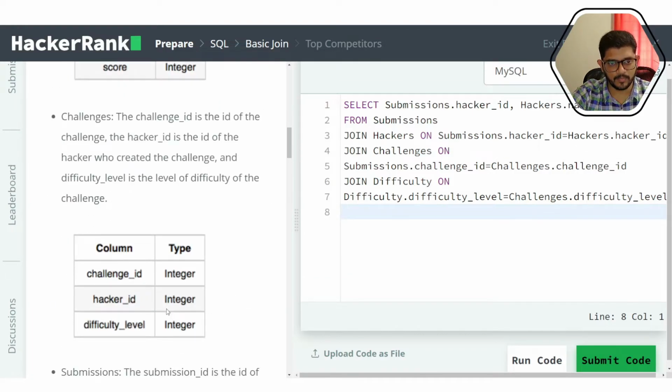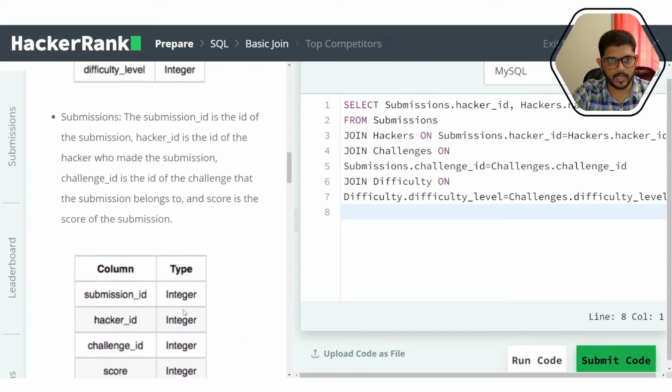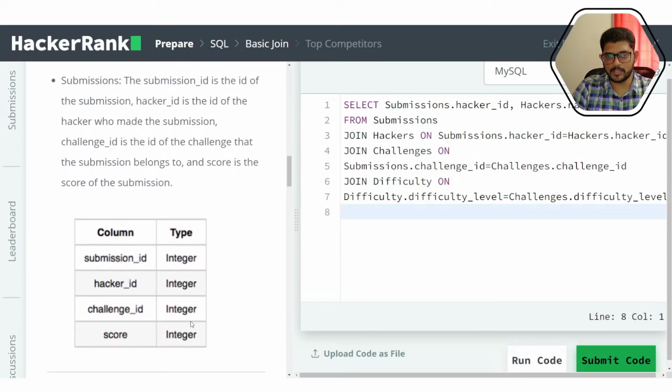The logic is simple. Go to the submissions table. Like I told you, out of all these tables, the submissions table is the most important one, because from there you can branch out to other tables, right? Now in the submissions table, we see a column called score. First, let's understand what that score is. That score is the score given to the hacker who solved this particular problem, right?